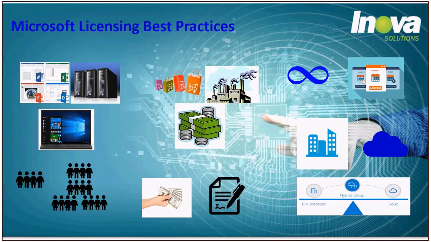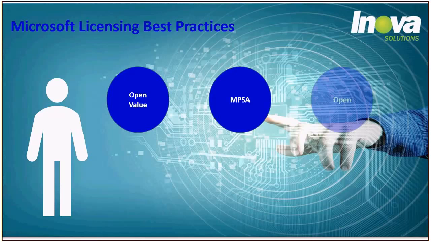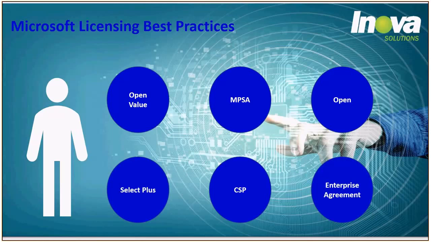You can do on-premise and cloud and see which best suits you and which best works for you. So once you've gone through those determinants, then you'll be able to decide which program best suits you, whether it's Open Value, MPSA, Open Enterprise Agreement, etc.